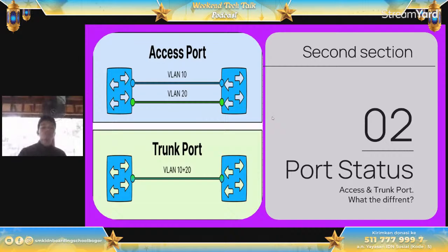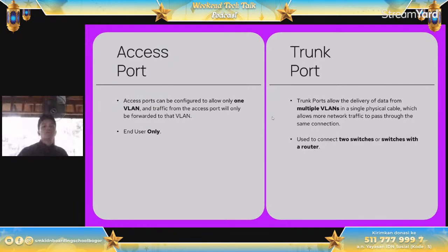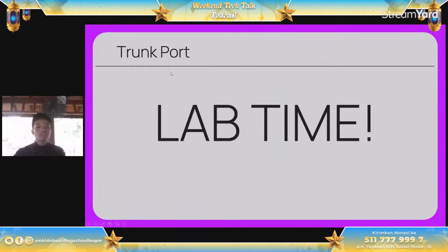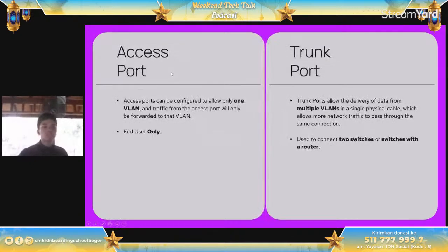So let's continue to the port status. In port status we have access port and trunk port. In the last lab we already used access port. So what is an access port? An access port is a port that allows only one VLAN.